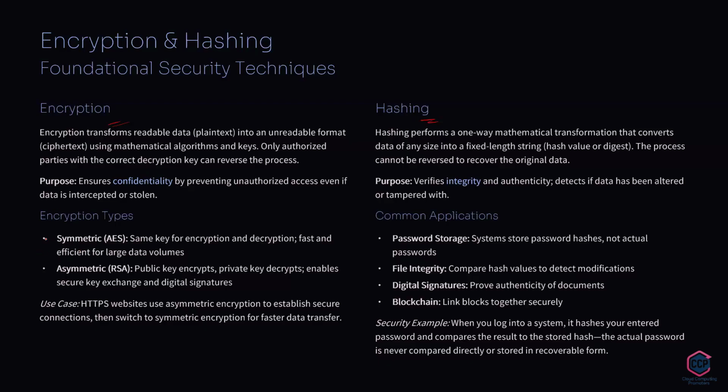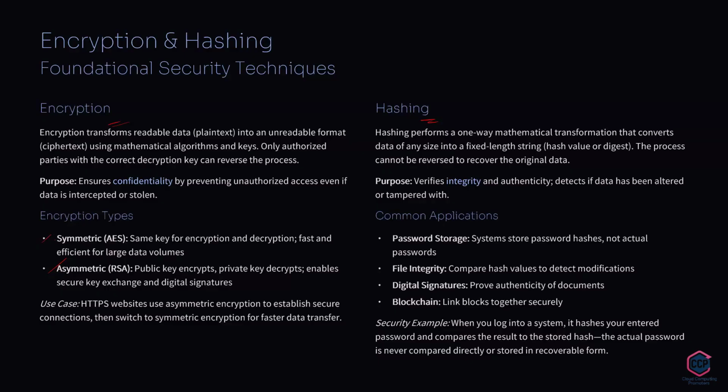There are symmetric and asymmetric algorithms, where symmetric uses the same key for encryption and decryption, and asymmetric uses a public key to encrypt and a private key to decrypt. A use case would be an HTTPS website, which uses asymmetric encryption to establish a secure connection and then switches to symmetric, so that data transfer is faster.